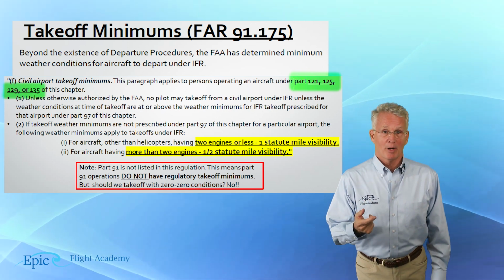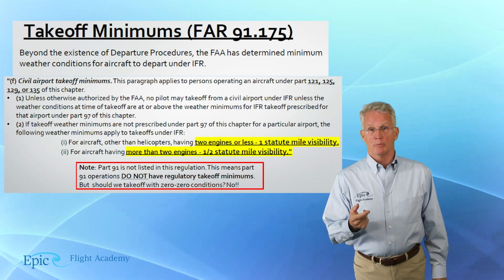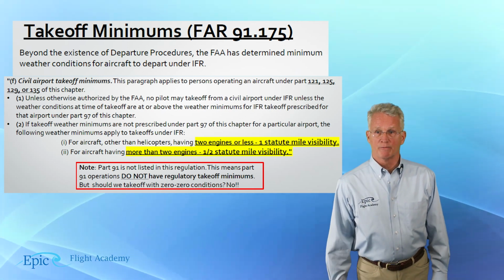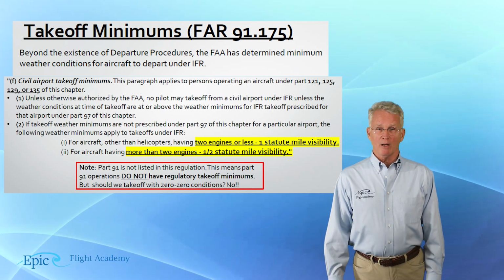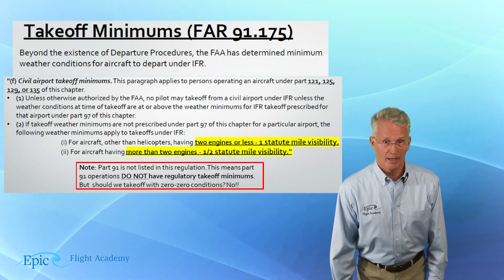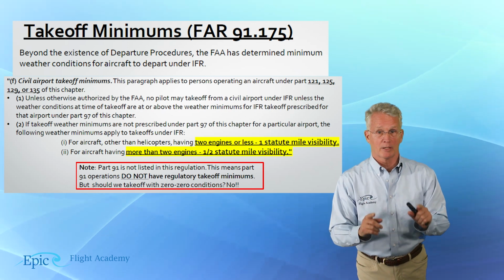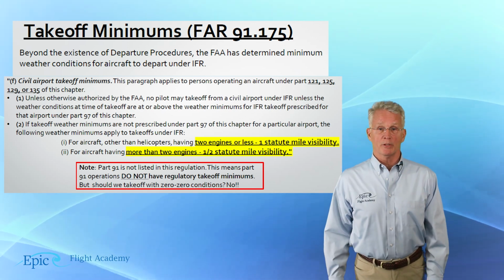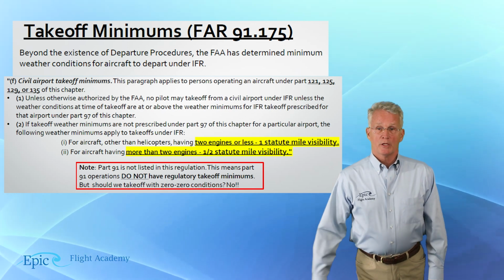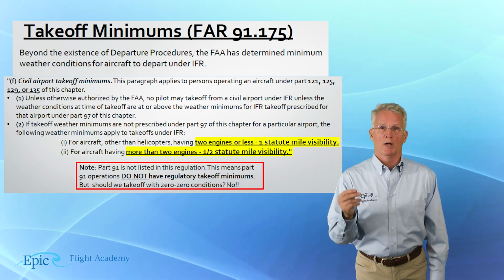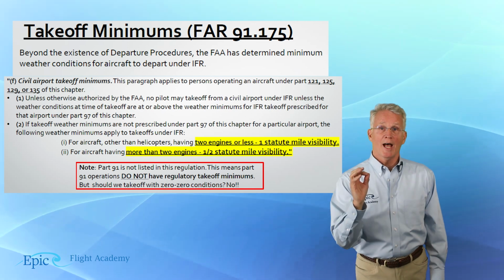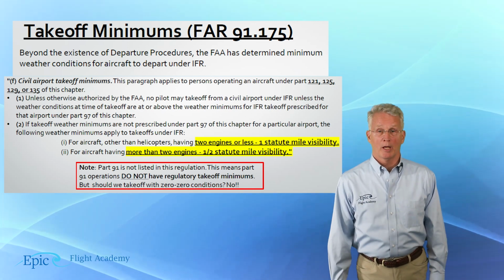And they talk about takeoff weather minimums that are not prescribed under Part 97 for a particular airport. The following weather minimums apply for aircraft other than helicopters: having 2 engines or less, 1 statute mile of visibility, and more than 2 engines, 1/2 statute mile visibility. So be sure to note that that does not apply to Part 91.